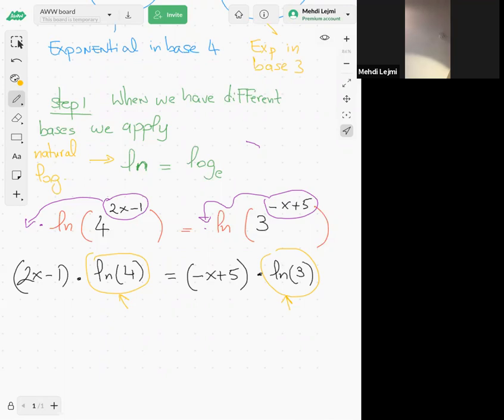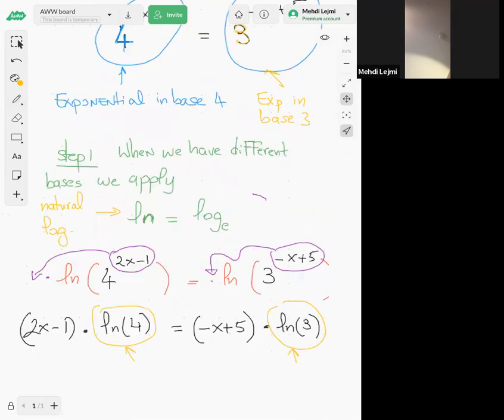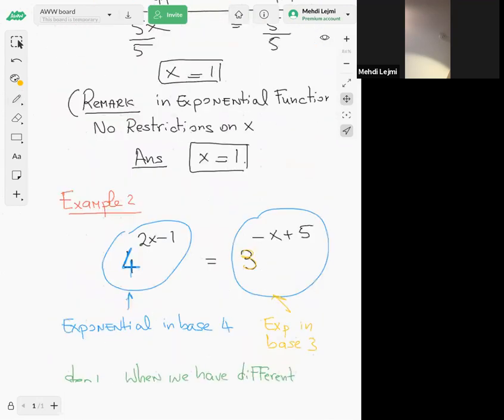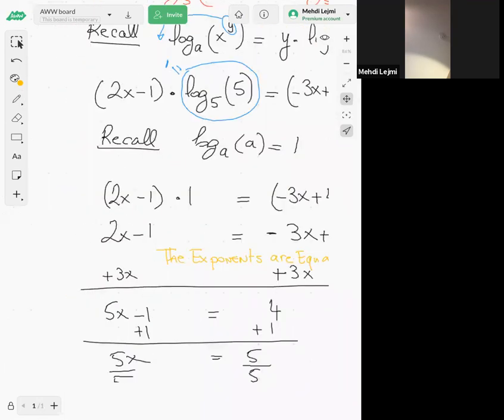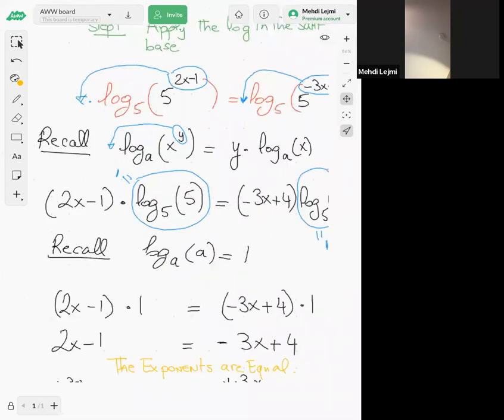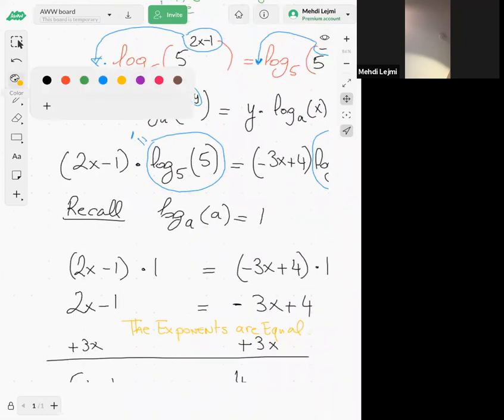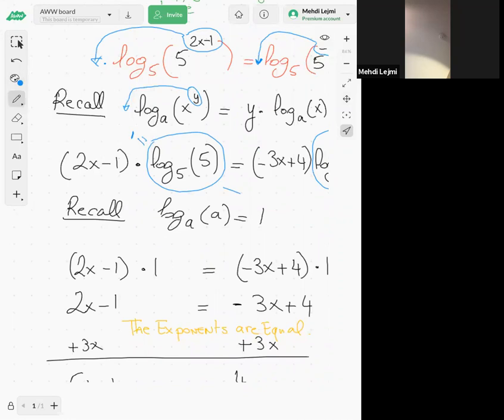Because the difference from the previous example is that we had log in base 5 of 5, and we know exactly the value of log in base 5 of 5. We said it's exactly 1, right?